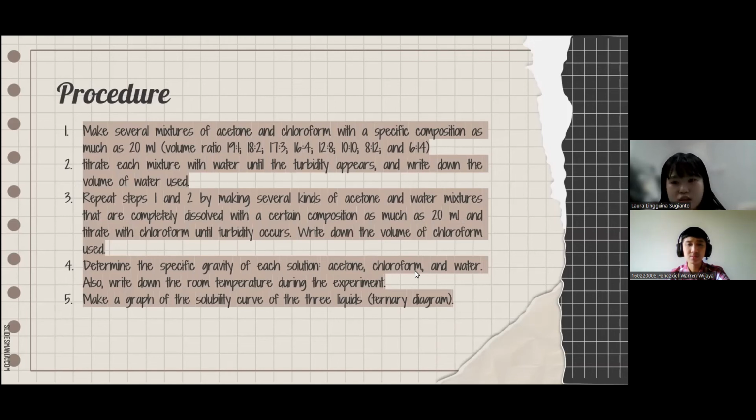The density of water used is the density of water at room temperature. That's why we have to write down the room temperature during the experiment. Lastly, the titration results of chloroform acetone with water and acetone water with chloroform were plotted based on percent mass and percent mole using a ternary diagram.